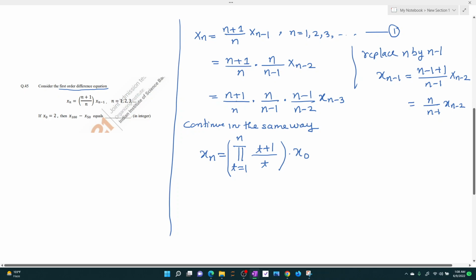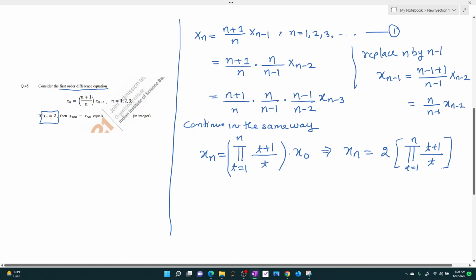So this product is like (n plus 1) upon n into n upon (n minus 1). We can keep putting the value of t and everything in the form of a product. Okay, here in this question, given that x_0 is nothing but 2, right? So if x_0 is 2, this implies x_n is twice of this multiplication, the product for t equal to 1 to n of (t plus 1) upon t.